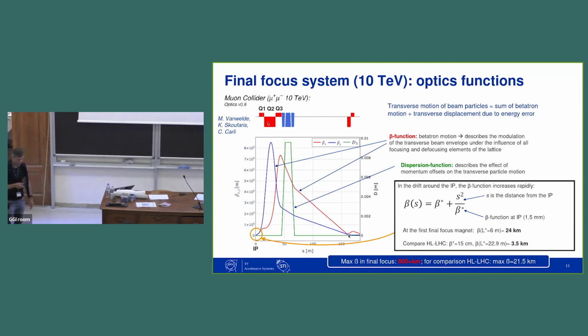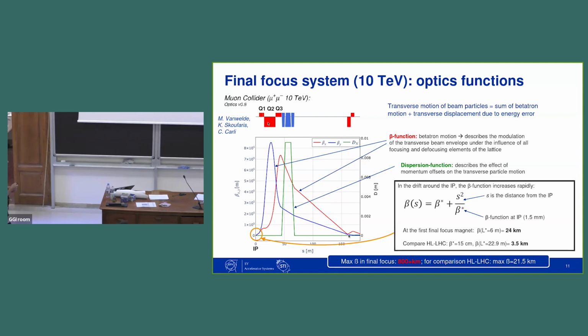Let's have a quick look at the optics functions to connect a bit to the lecture from Chris yesterday. Here you can see the beta functions in the horizontal and vertical plane in red and blue along the machine. This is the S coordinate, which is the distance from the interaction point, up to a bit more than 150 meters. And in green, you can see the dispersion function also as a function of the distance.